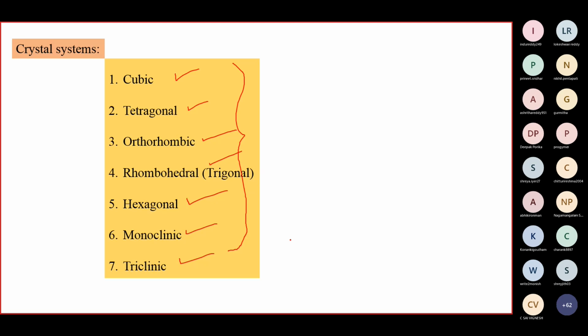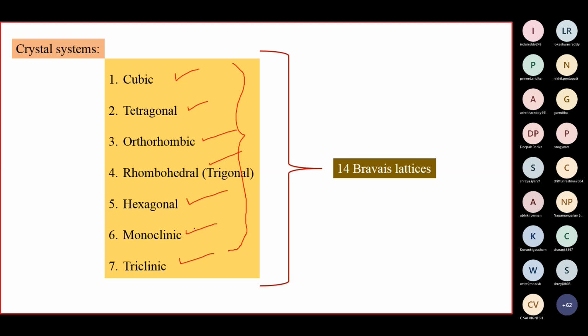Because there is a change in lattice parameter, it can be in basis vectors or in angles. But there is a change. Based on those variations, we have identified 7 crystal systems. Briefly we will look into them, you don't have to write down, you can refer to it later.